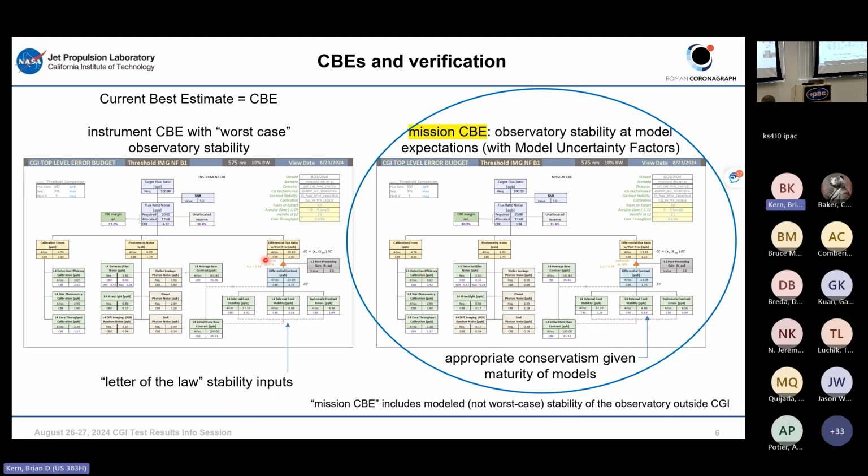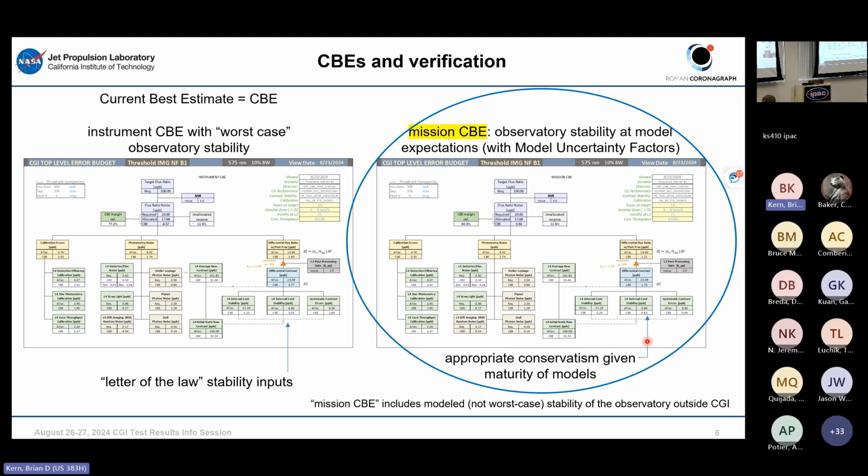To continue that same statement one more step, we have a context where the stability is guaranteed not to be worse than a certain amount. That's a relatively loose specification, and so we have to demonstrate that CGI will produce good enough results even under the worst scenario.